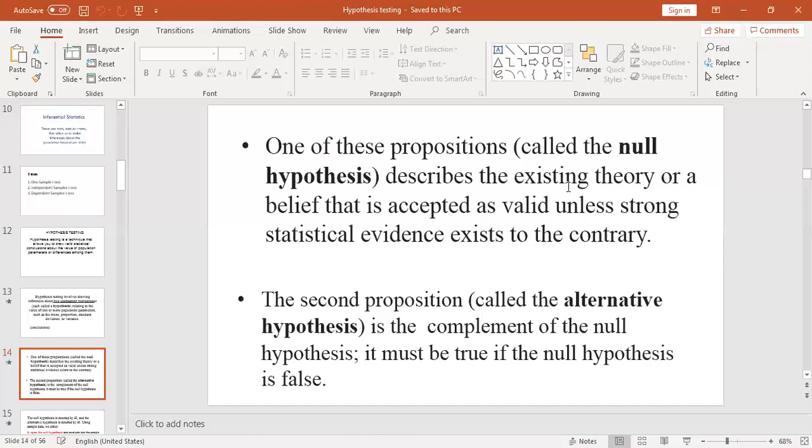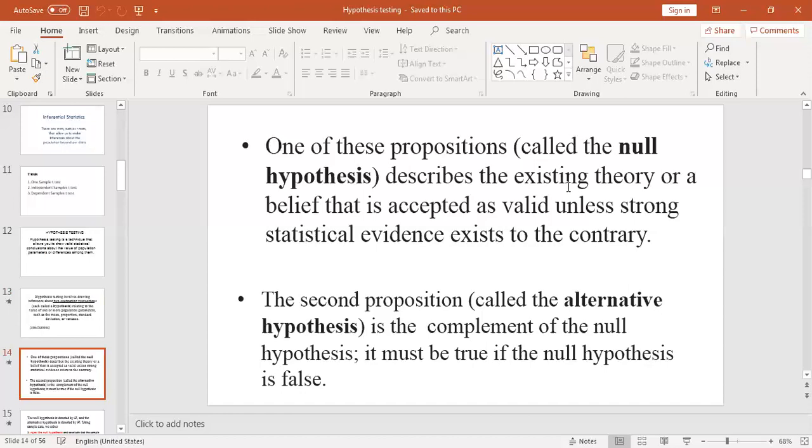The alternative hypothesis is a complement of the null hypothesis. If the null hypothesis is rejected, you will have to accept a particular alternative hypothesis.